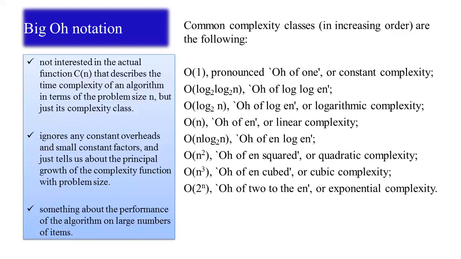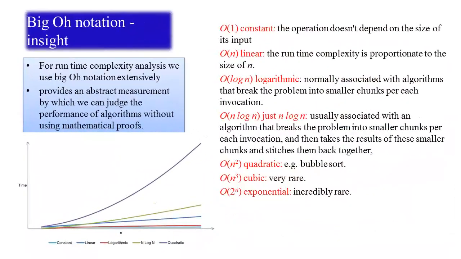Down the lecture, we will be discussing the significance of O of 1 or O of 2 to the n, and what is the physical implication. Let us get some more details about these complexity classes. This big O notation is used for runtime complexity analysis, giving you an abstract measurement.